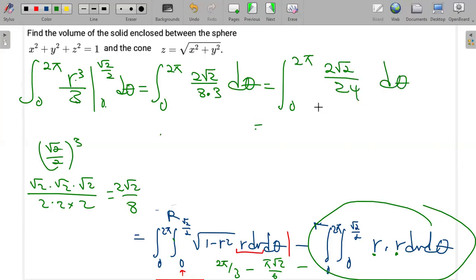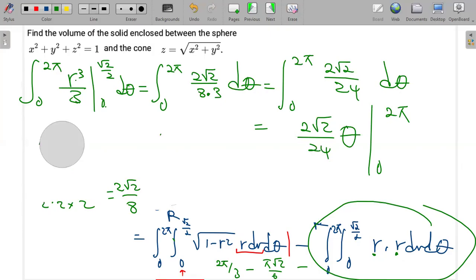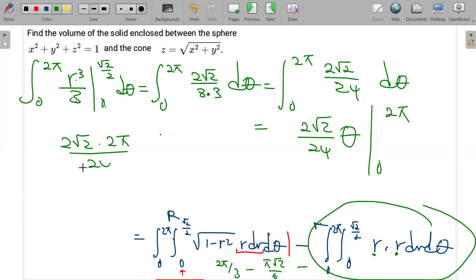So now we can integrate with respect to theta. I get 2 root 2 over 24 theta, and then 0 to 2 pi. So I can substitute there. So it will be 2 root 2 multiplied by 2 pi over 24.